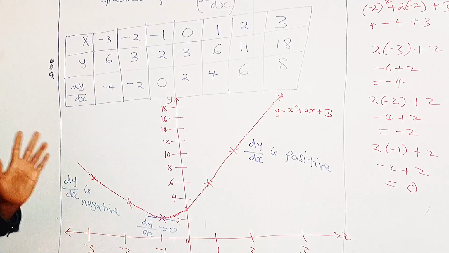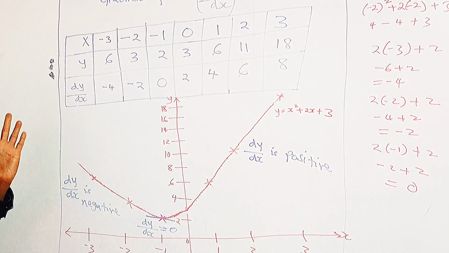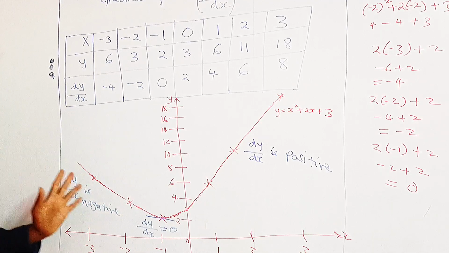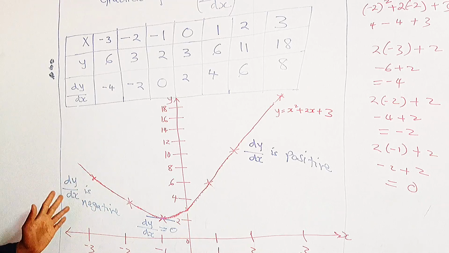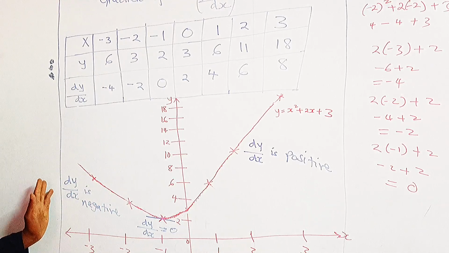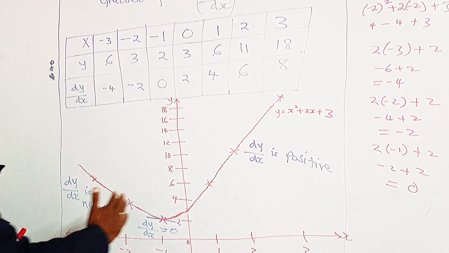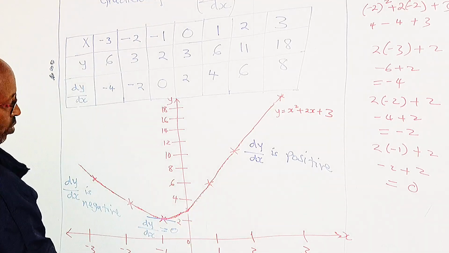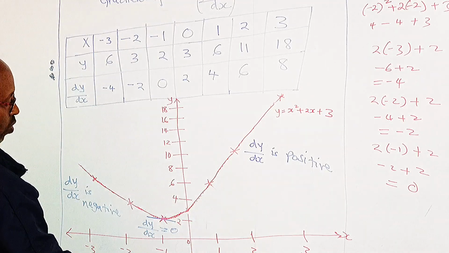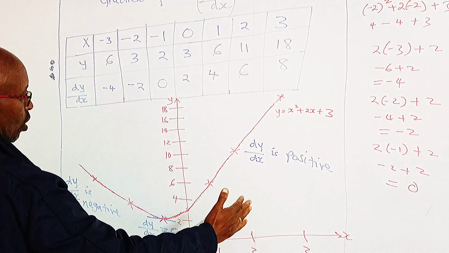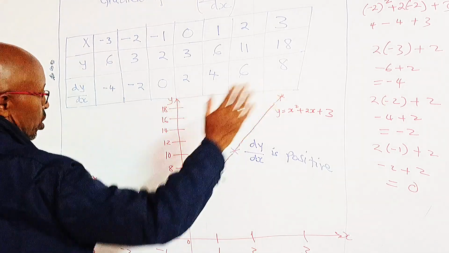Any other value of x to the left will give us our dy/dx as negative. Any other value to the right of x equals negative 1 will give us our value of dy/dx as positive.